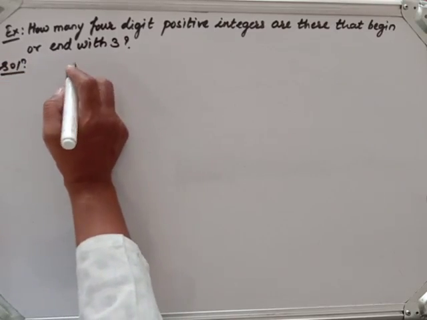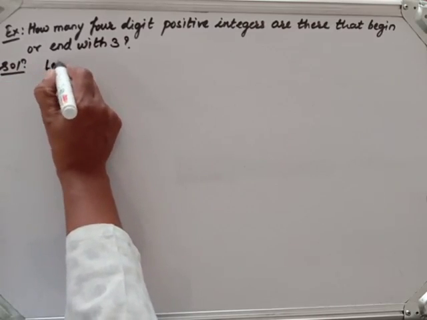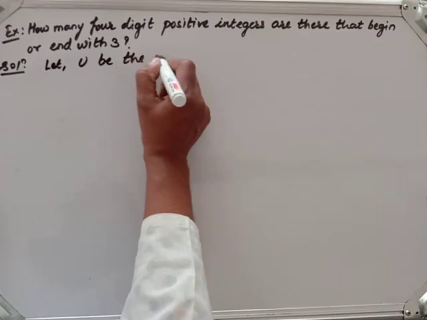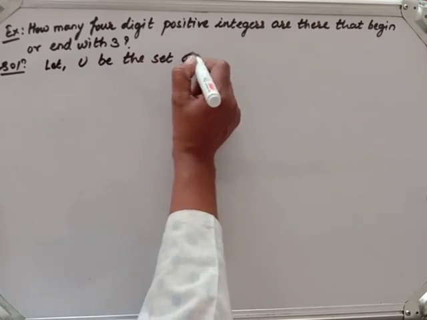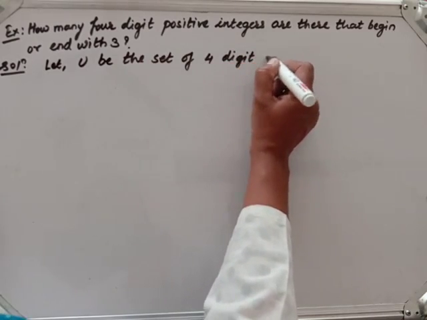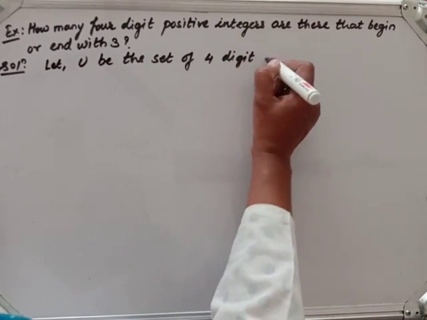Now first of all, let U be the set of 4-digit numbers.